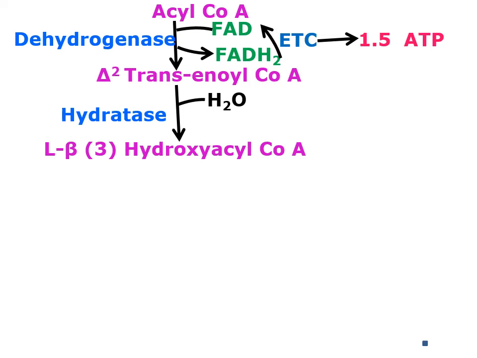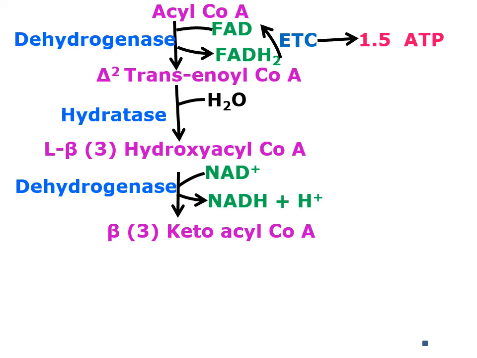Again hydratase, it forms beta hydroxy acyl CoA. Later, in the presence of dehydrogenase, it is converted to beta keto acyl CoA, and during this process NADH, which is formed, enters the electron transport chain and generates 2.5 ATP.